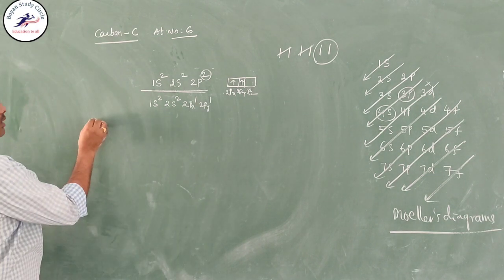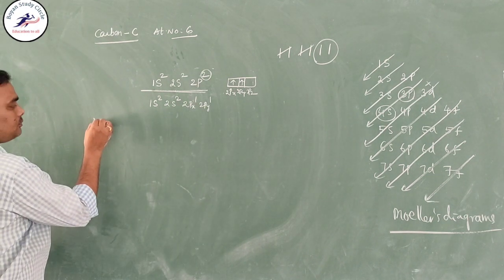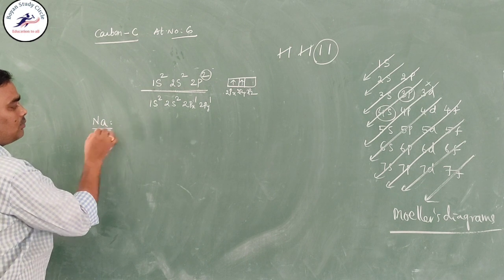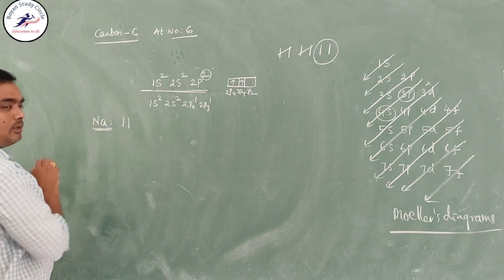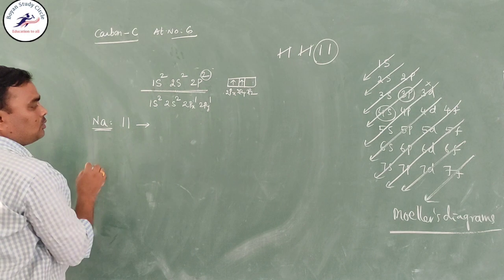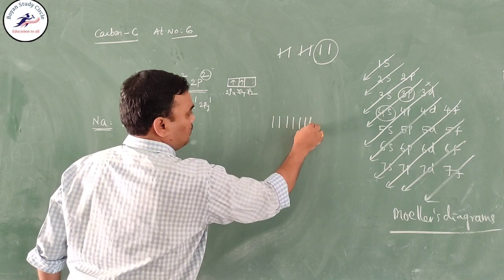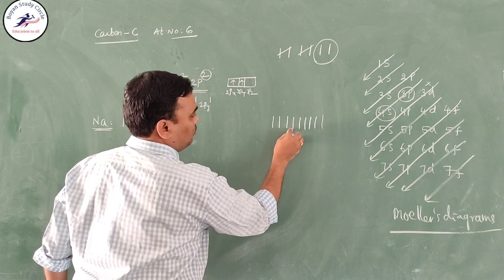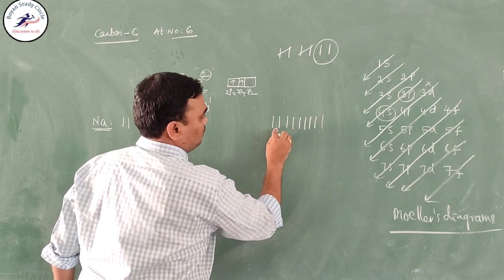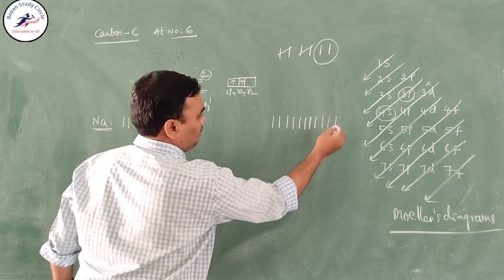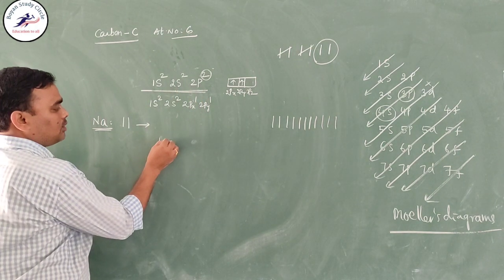Children, can you write the electronic configuration of sodium? What is the atomic number of sodium? 11. So take 11 lines, 1 to 11. What is the first orbital to be filled?